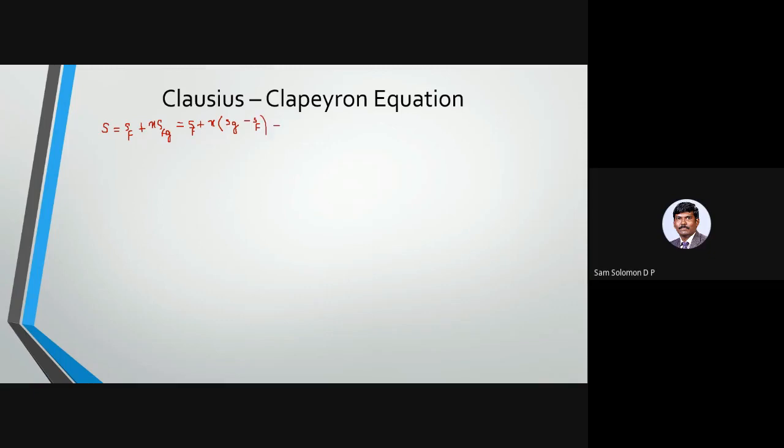So what you'll have is SF plus X into SG plus X into SF. Sorry, this is supposed to be minus.